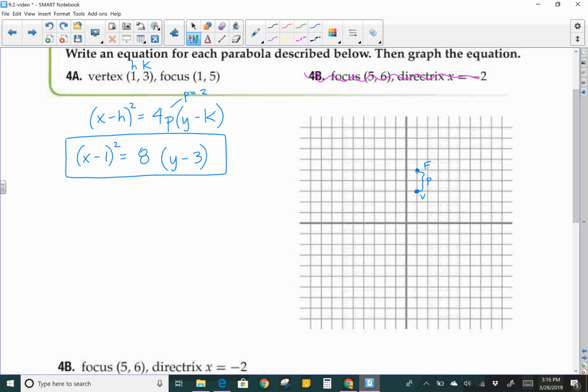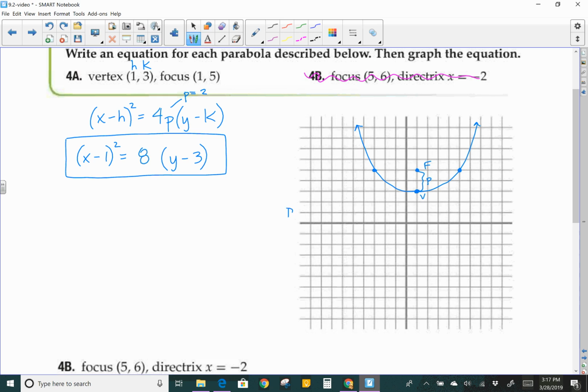Okay? To finish graphing, and again, whatever that is, you're going to have twice that distance on both sides because this is p, but I got 4p, which means I need 2p. So 1, 2, 3, 4. 1, 2, 3, 4. And there's 1/2, and there's the other half, and that's all you need to tell me. If you're interested, I would go 2 units the other way.